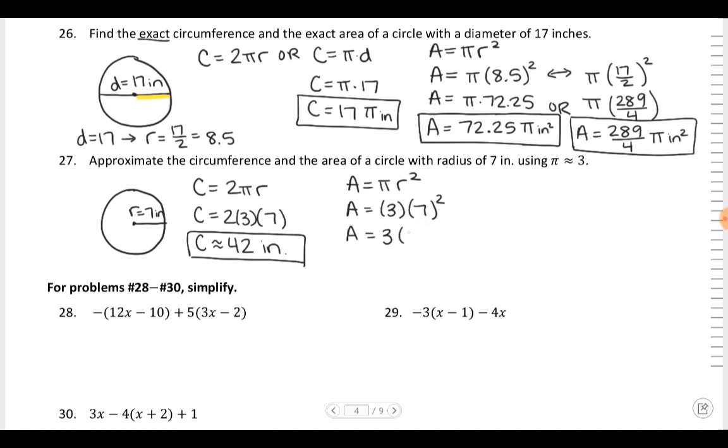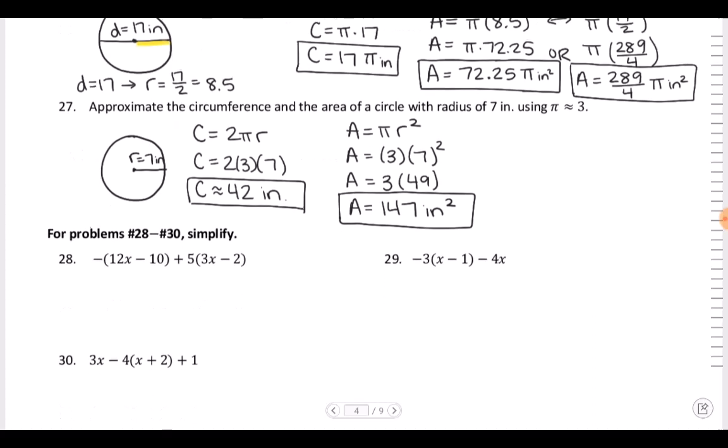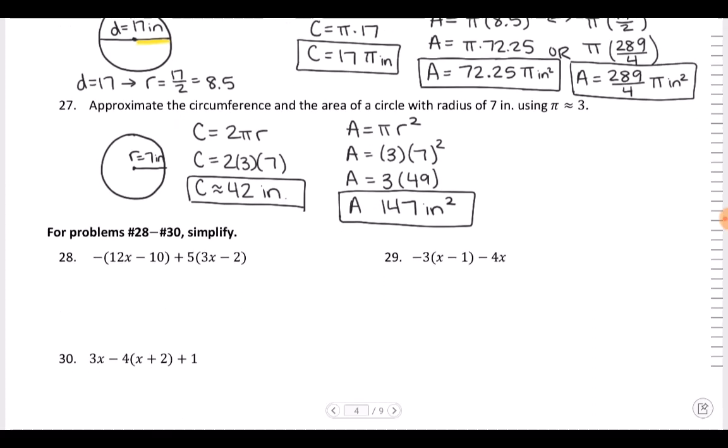So we do exponents first, which is 49. And then 49 times 3 is equal to 147. And then this will be square inches because it's area, square units. Okay, and again, let me put my squiggly equals there because this is approximately equal to.